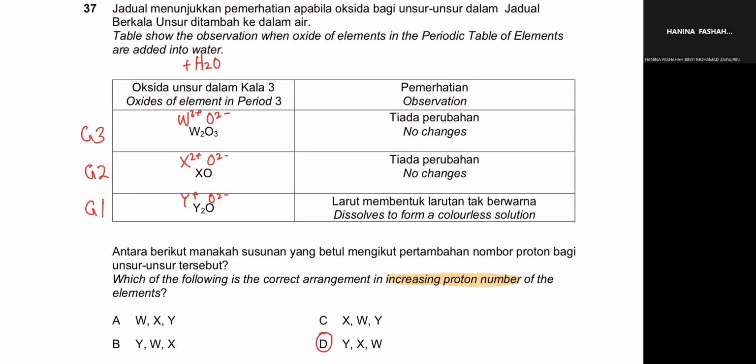But this one they're not talking about acid or alkaline property of period 3. This one is not talking about reactivity. This one is talking about increasing proton number. So of course, this one is group 1, group 2, group 3, 11, 12, 13. So this one is Y first, X, then W.